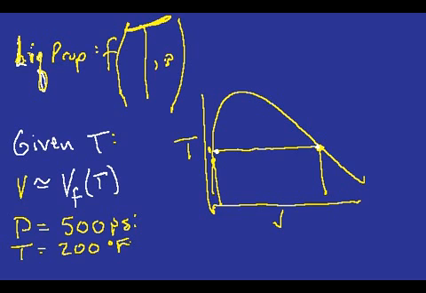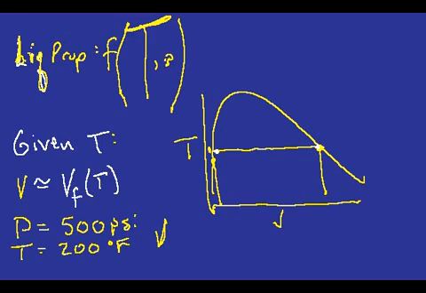Right off the bat, you know that's a liquid because water boils at 1 atmosphere at 212. You're not even hot enough at 200 degrees to boil at 1 atmosphere, much less 500 psi, 1 atmosphere being 14.7 psi. So the question is, what would you approximate to be the specific volume of that liquid water?